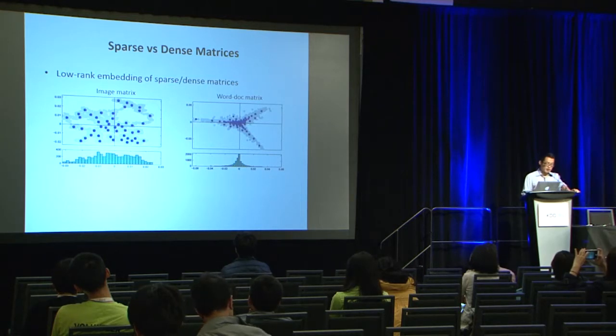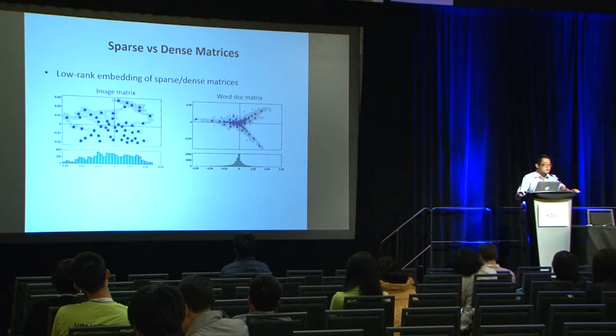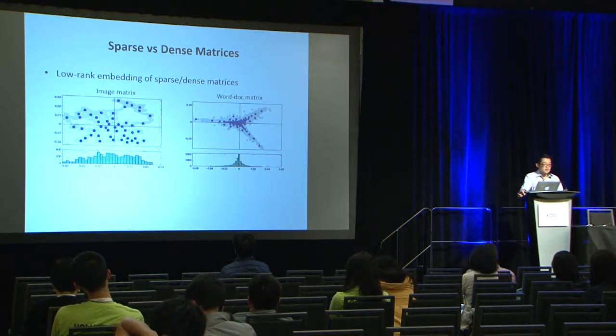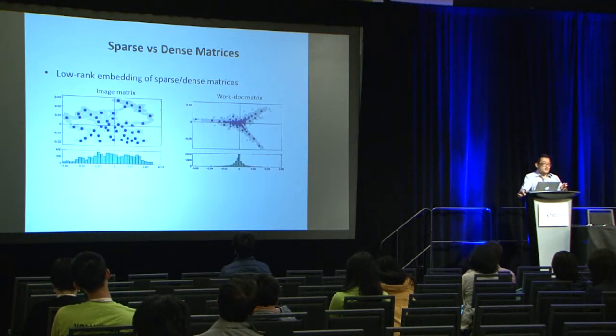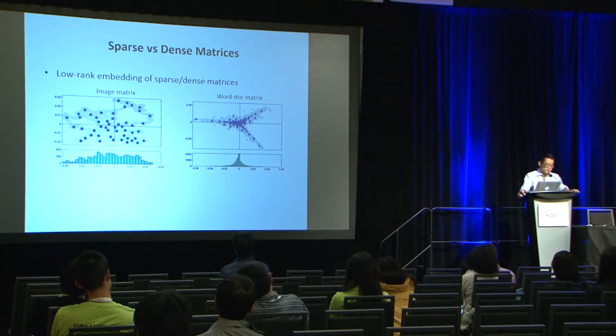And the right one is the left singular vector of a word document matrix. Because of the power law distribution, many rows or columns are simply filled with a majority of zeros. As a result, the embedding of these rows and columns will collapse towards the origin.